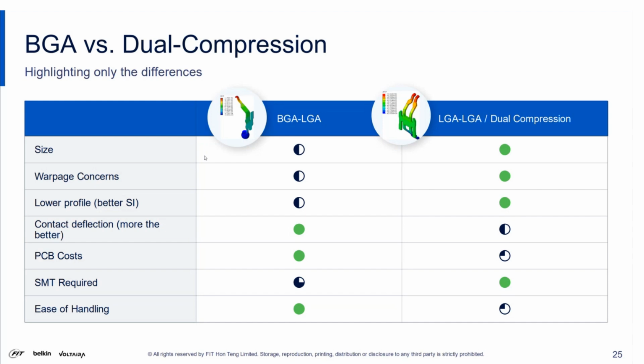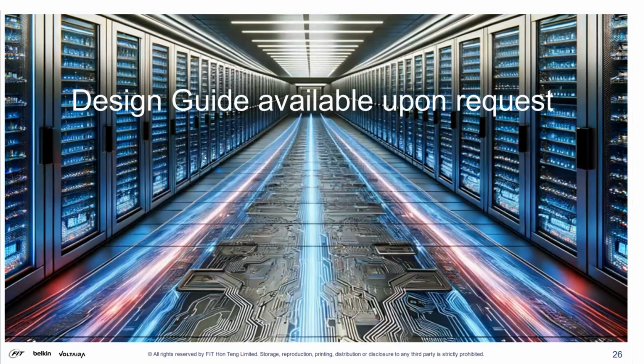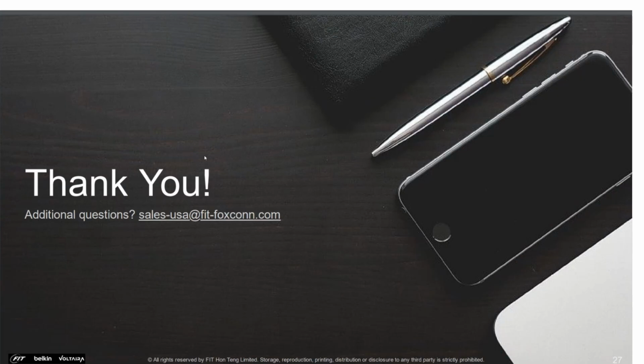But again, a lot of the OEMs and ODMs out there have standardized their process to mitigate those risks. So again, for every particular customer design, we can guide customers on what kind of socket they may need for their particular application. Okay.